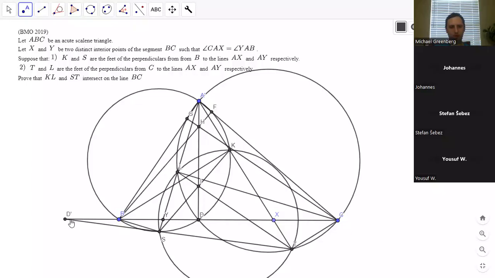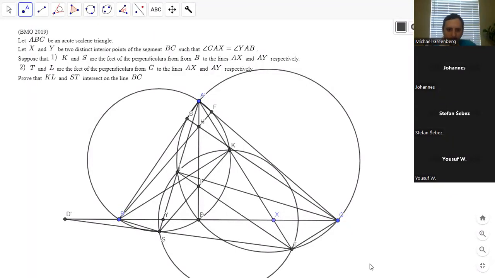Oh yeah, that makes sense. Because if we let ST meet it at a point, then that point would be harmonic with Y, D, and X. And if we let KL meet it at a point D double prime, then that would also be harmonic with Y, D, and X.